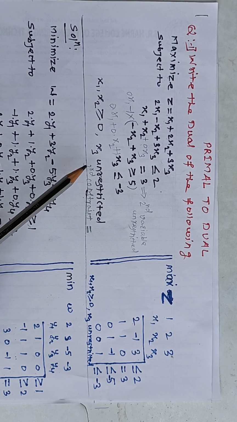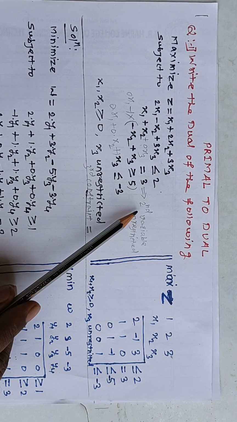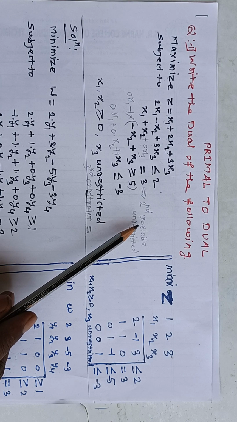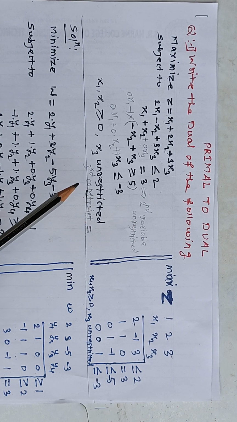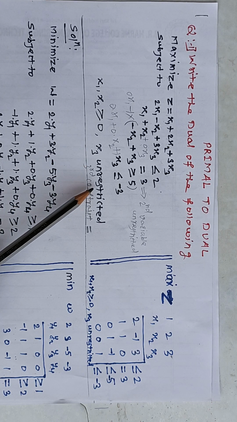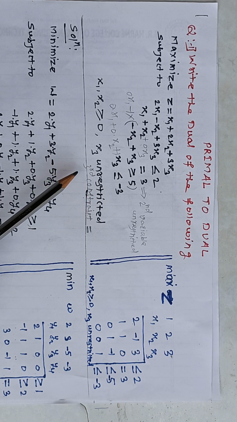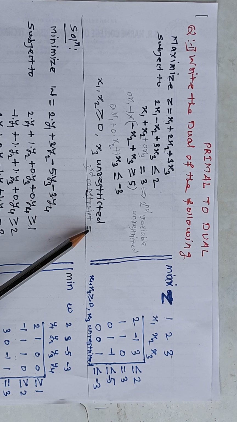If we consider new variables in dual y1, y2, y3, then y2 will be unrestricted, and in primal variable x3 is unrestricted. Meaning of this is the third constraint in dual must have an equal to sign.